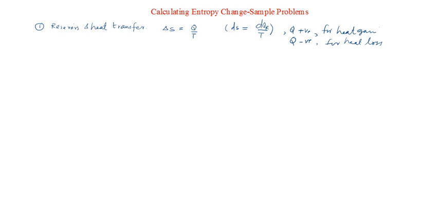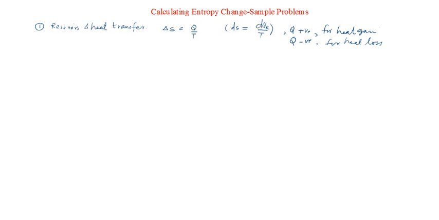So if you want to find out the total change in entropy, you have to add the delta S for the individual reservoirs which we have calculated. That will give you the total change in entropy for the collective system combining the two reservoirs. That is one kind of problem that you can deal with.